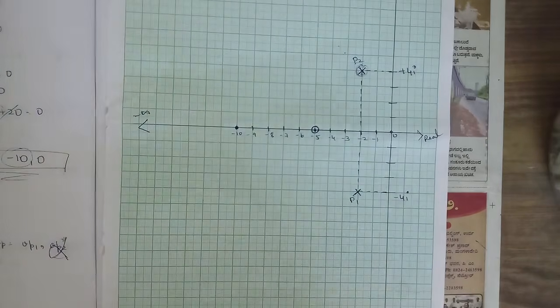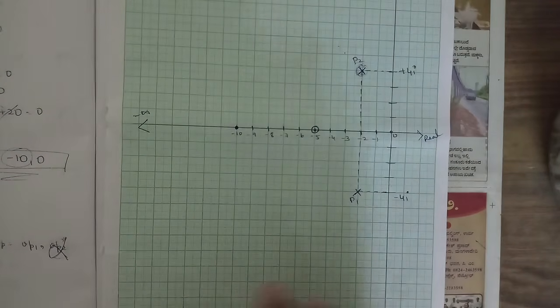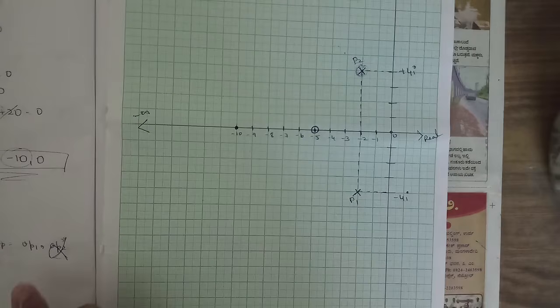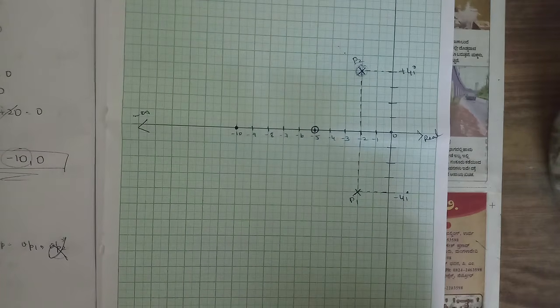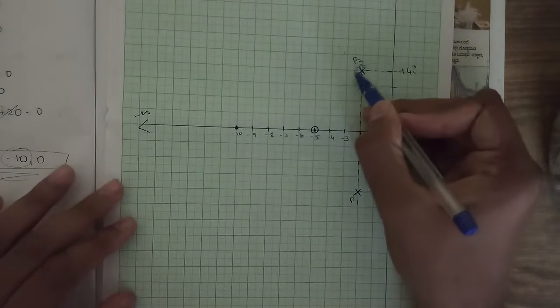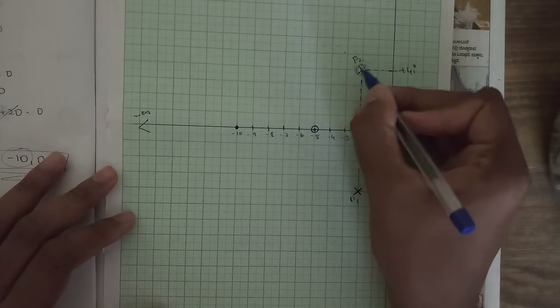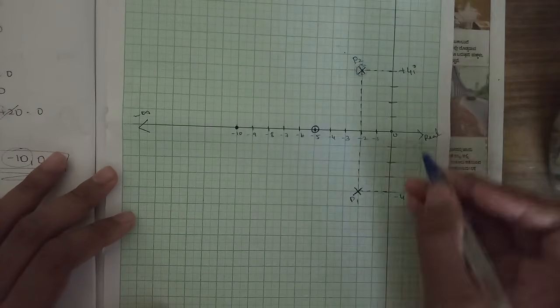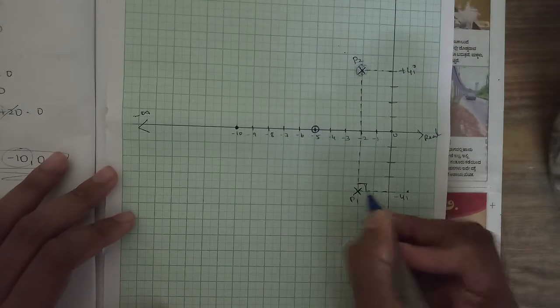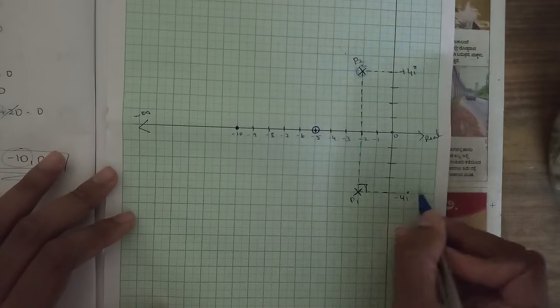Since we are calculating the angle of departure with respect to this pole, the angle made by this pole with respect to pole 2 and origin, this is the angle made from this pole and this origin.